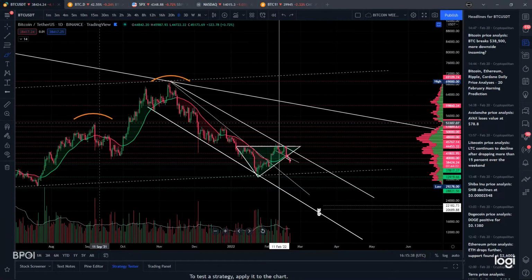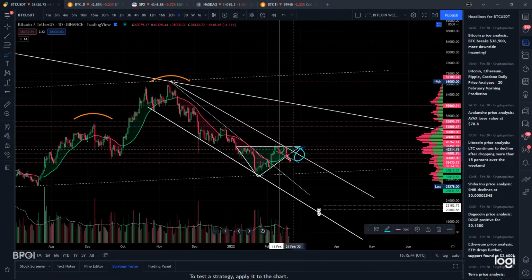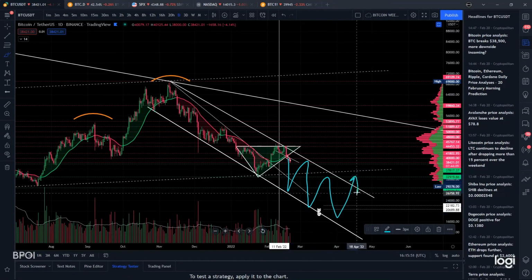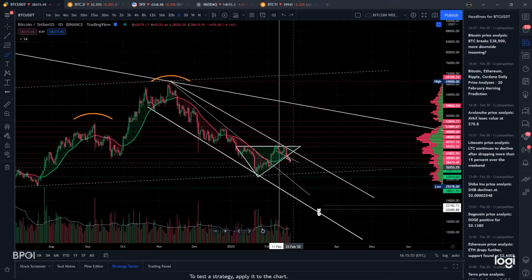So it's important to understand that in this downward channel that we're trading in now, until we break this upper trend line, and we're going to keep saying this until we break this upper trend line, we're essentially in this downtrend. Okay, we need a breakout of this upper trend line and then a move upwards before we can start being bullish.